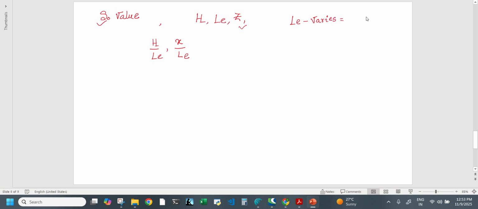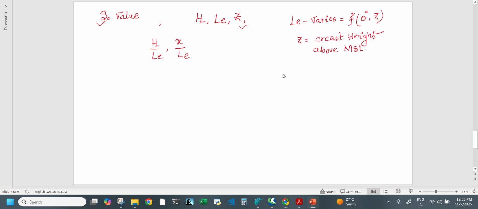It is actually a function of theta degree and Z. Z is the crest height above mean sea level.